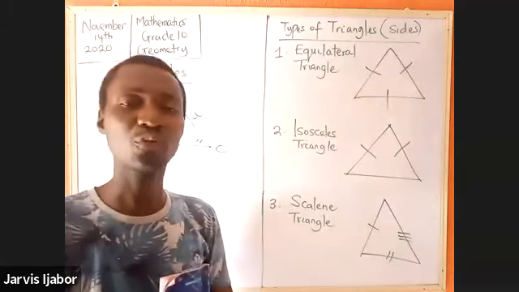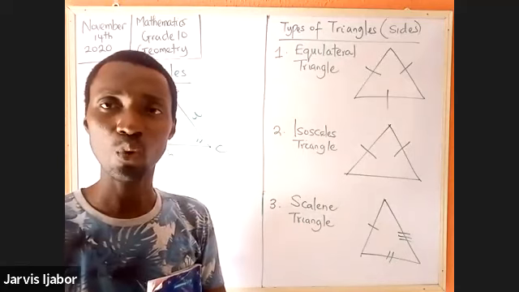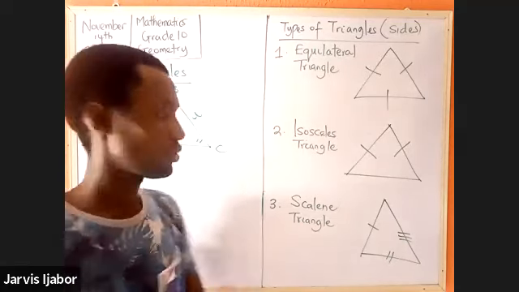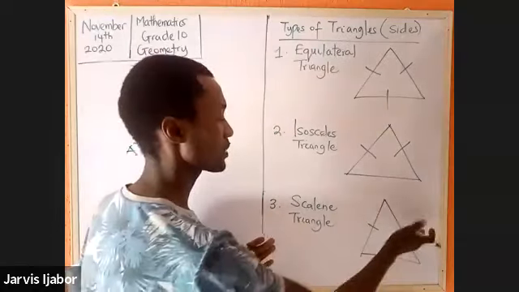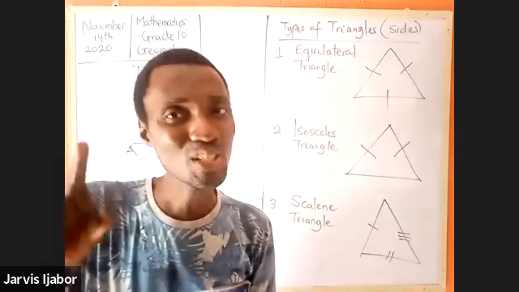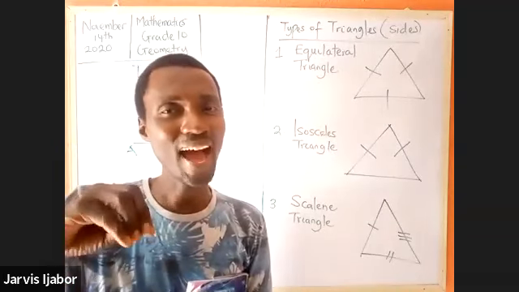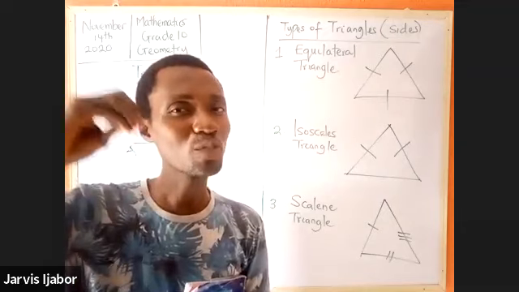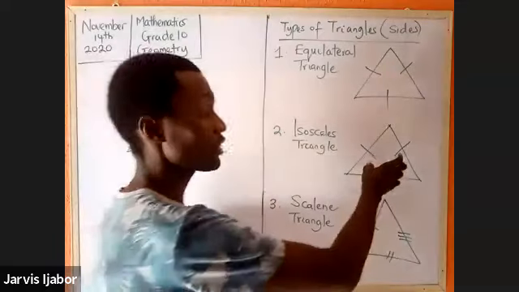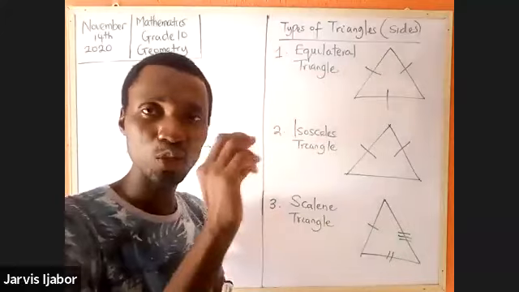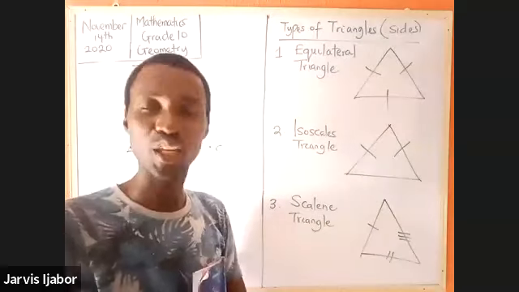So they're all having different values. So this side is different from this side, is different from this side. And by direct implication, their angles will not be equal. For this isosceles, by direct implication, 2 of the angles will be equal.